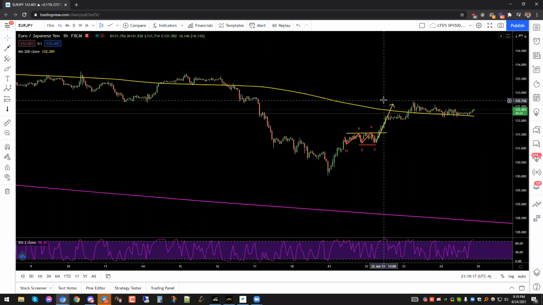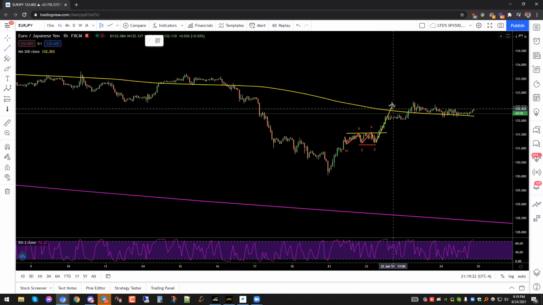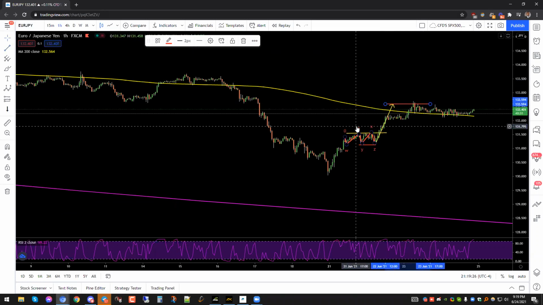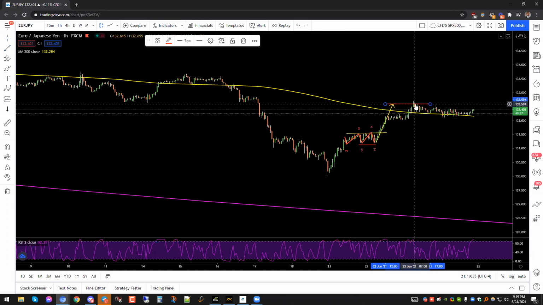Okay, so this would be my first profit target right here. I use market geometry. I measure my first wave, and I use it as my projection for my first profit target, right? So once the price gets to this level, I am out of my trade.